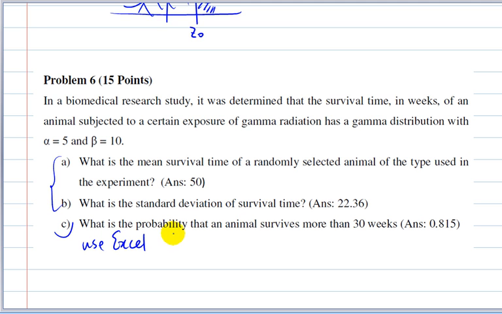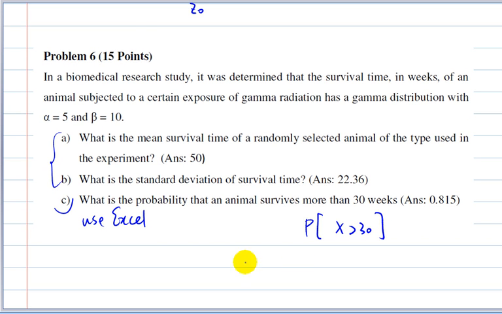For part C, what is the probability of this being more than that? So basically the probability of x greater than 30. What I want you to do is use Excel. Don't do the manual integration. In Excel, the function is called GAMMA.DIST. You enter 30 first, then alpha and beta.